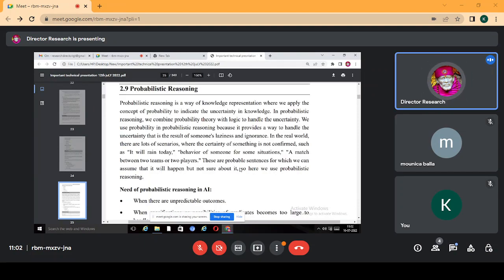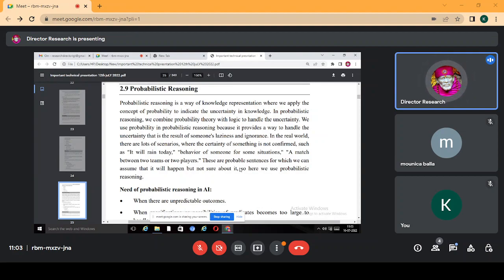Probabilistic reasoning is a way of knowledge representation where we apply the concept of probability to indicate the uncertainty in knowledge. In probabilistic reasoning, we combine probability theory with logic to handle the uncertainty. We use probability because it provides a way to handle the uncertainty that is the result of someone's laziness and ignorance.